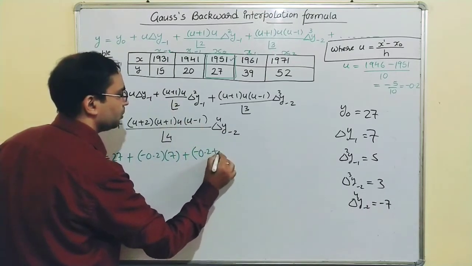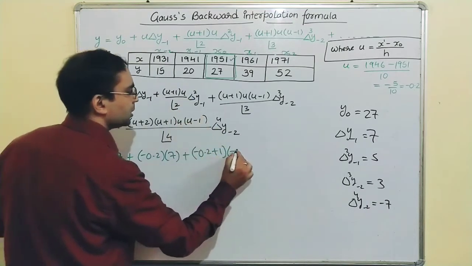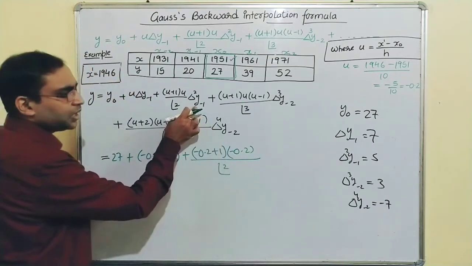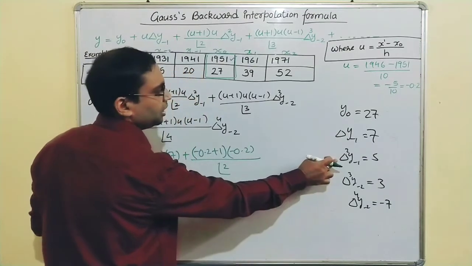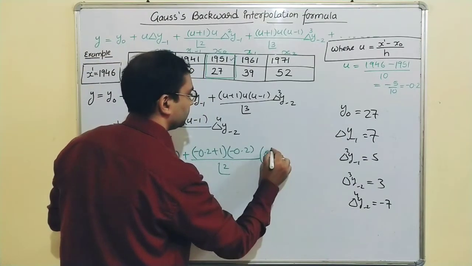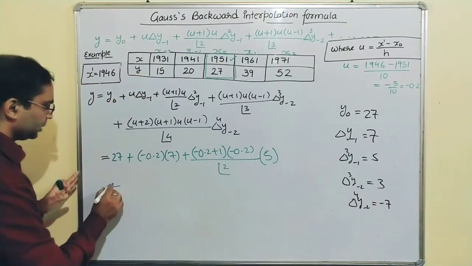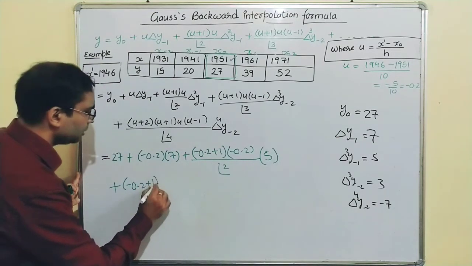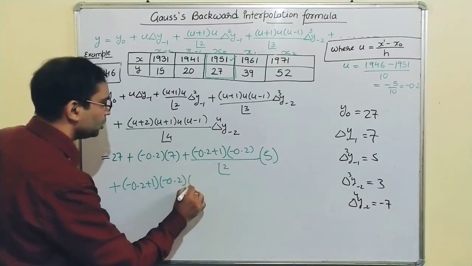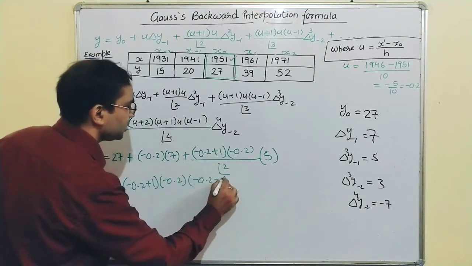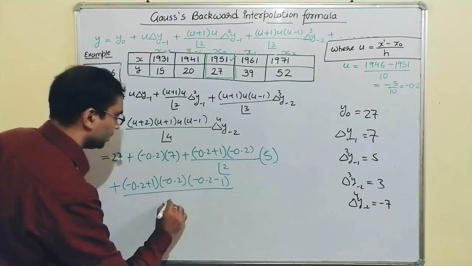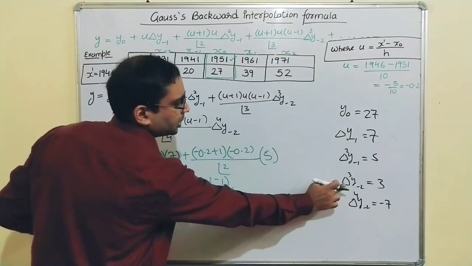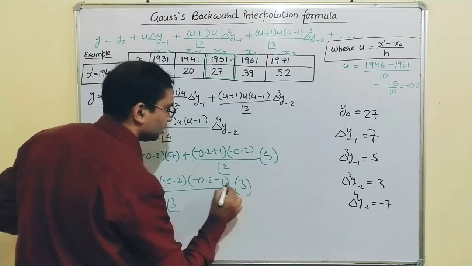Minus 0.2 plus 1, and this is minus 0.2, whole divided by factorial 2, and this is del 2 y minus 1, which is 5. Right. Plus the next will be (minus 0.2 plus 1)(minus 0.2)(minus 0.2 minus 1) whole divided by factorial 3, and this is del 3 y minus 2, which is 3. So I'm taking 3 here.